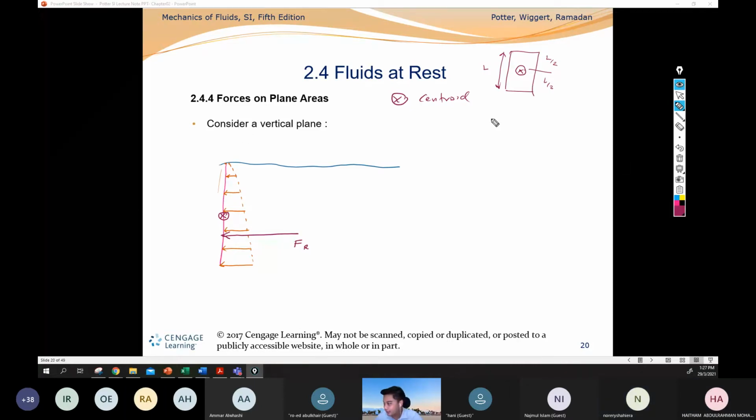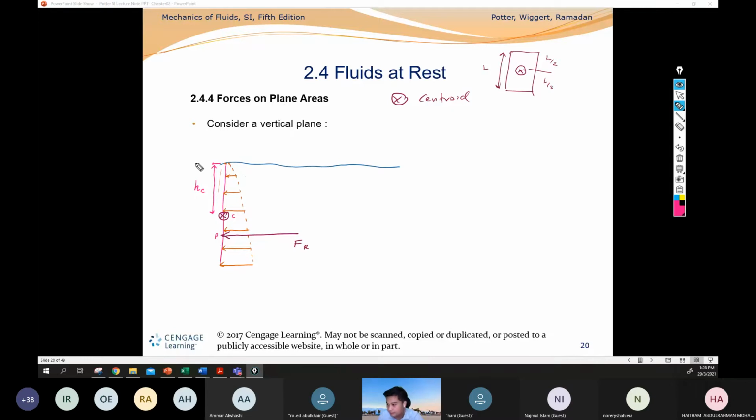So from here we can name the distance from the surface to the centroid as H sub C, the height from the surface to the centroid. And here is the P, which we call the center of pressure.